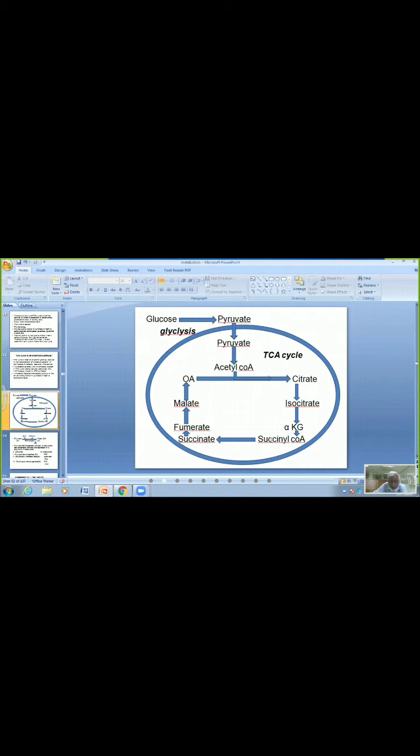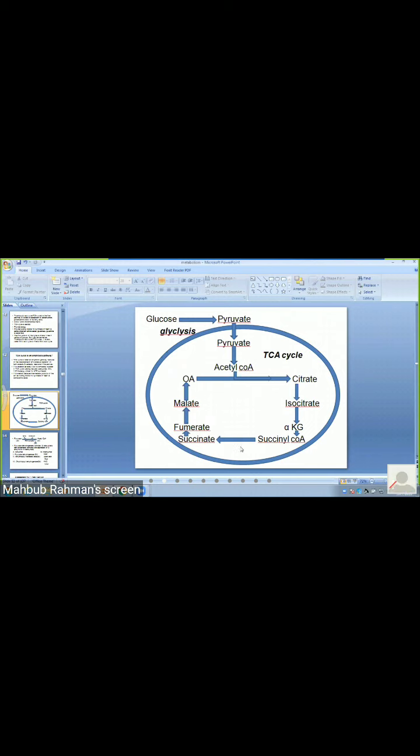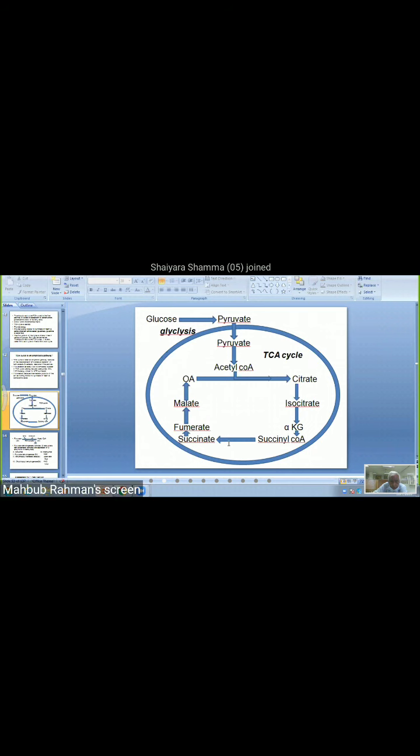Succinyl-CoA is converted to succinate. Here, one molecule of ATP is produced. That means GDP is converted to GTP, which means ATP is produced. GTP is an equivalent of ATP. Is it clear?